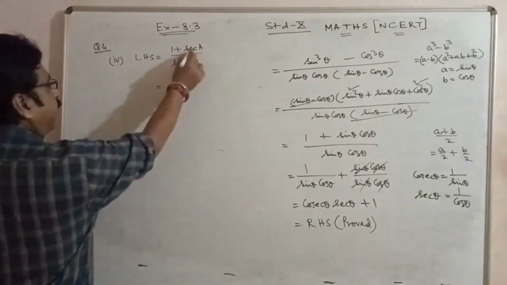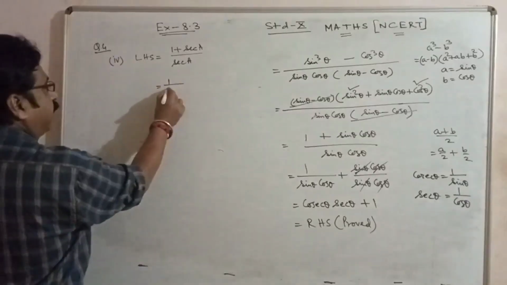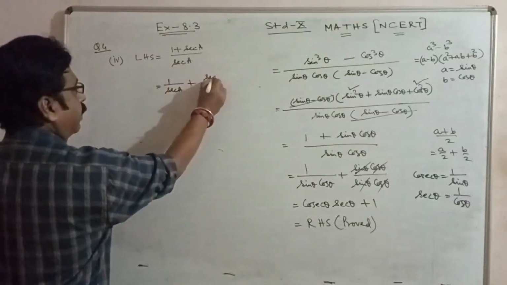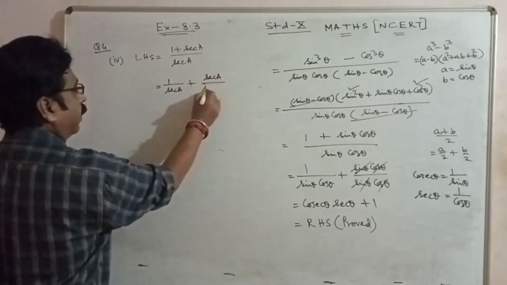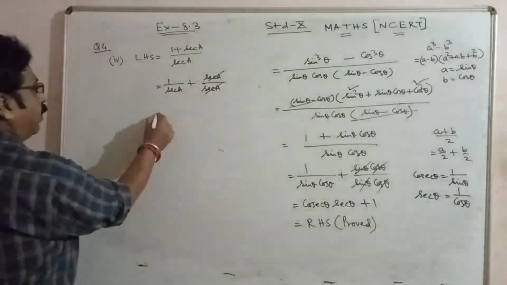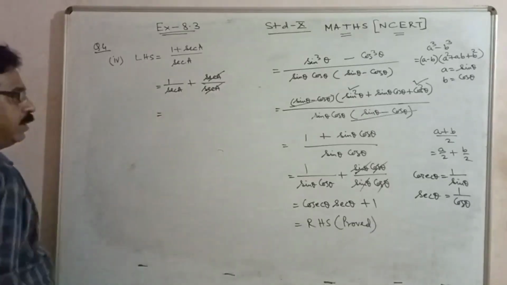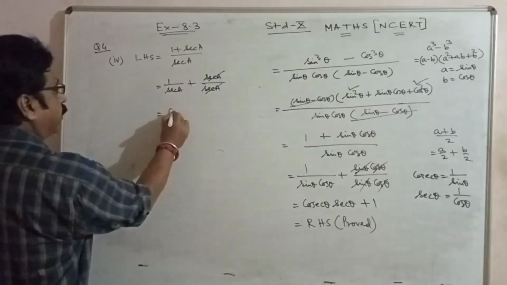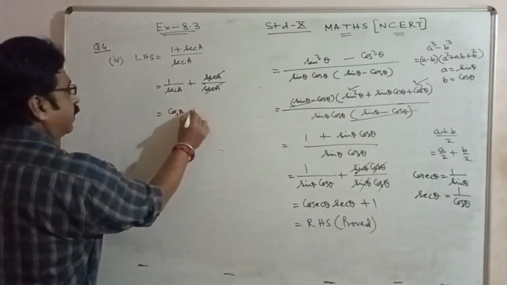Similarly, 1 plus sec A upon sec A means we can write 1 upon sec A plus sec A upon sec A. We can cancel this, it will be 1. 1 upon sec A means cos A, plus 1.